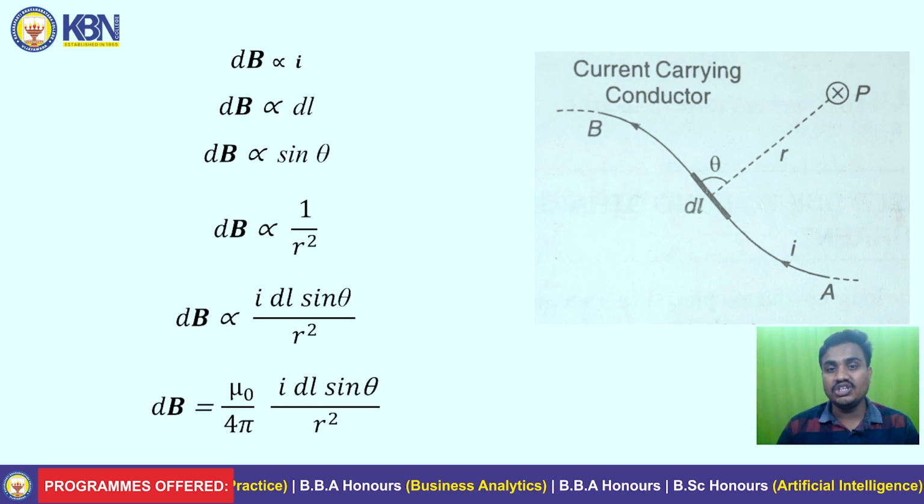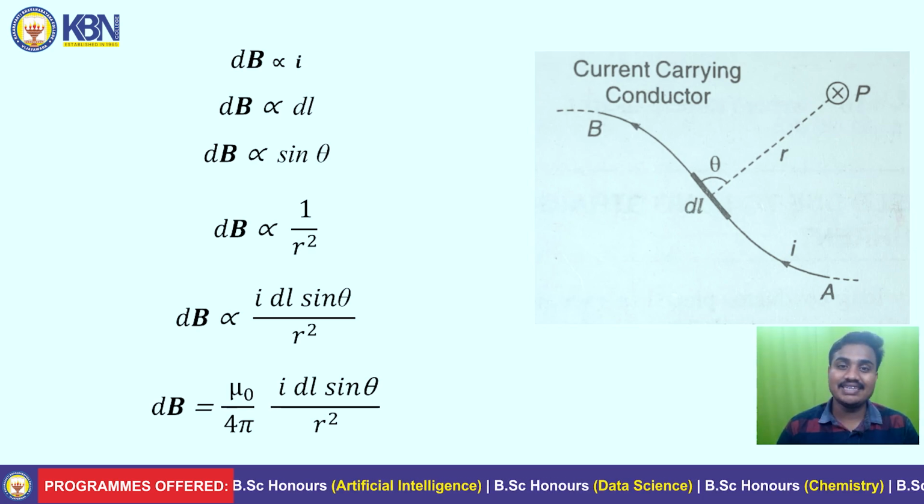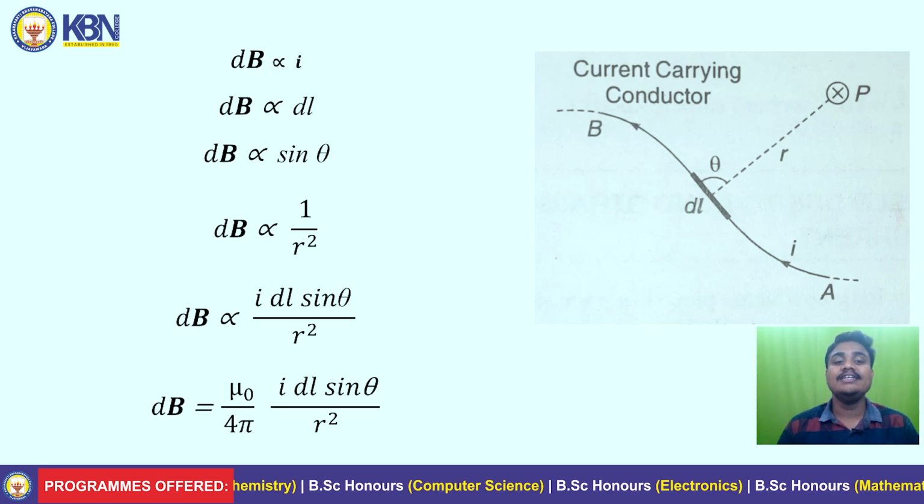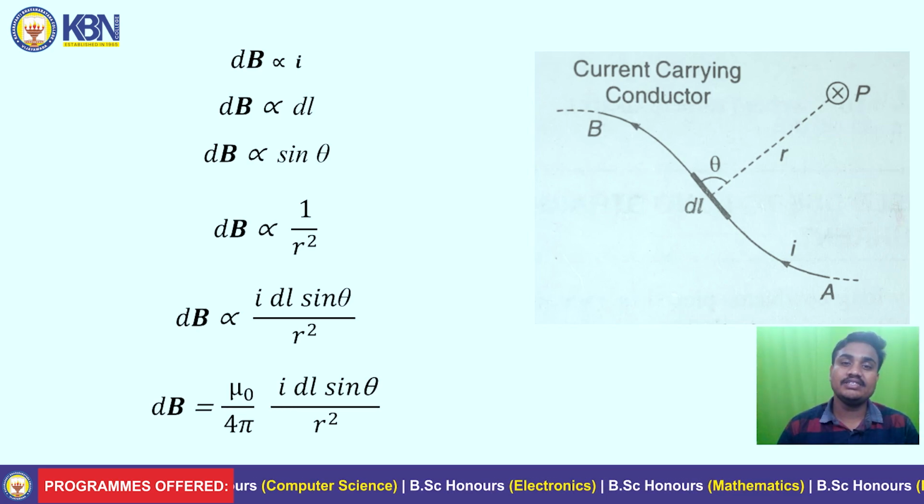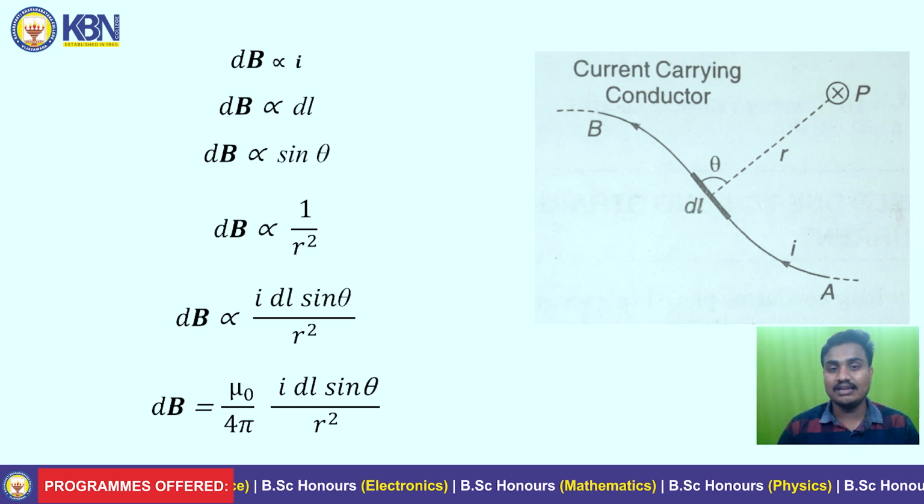By merging all these relations, we get dB directly proportional to I dl sine theta by r square, where I is the current passing through the conductor, dl is the length of the element, theta is the angle between the point P and the length element dl, and r is the distance between them.